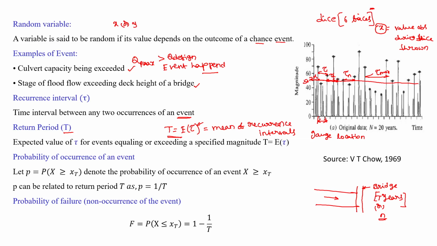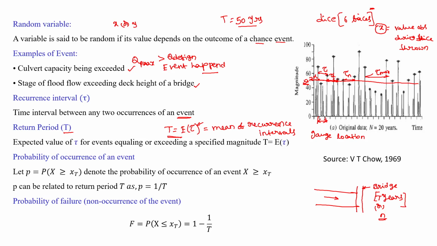Okay, like for example, when somebody says return period is 50 years, what does it mean? It means that on an average at least once the stream flow value is more than the design value. So this is a very important definition you should remember for IAS exams.